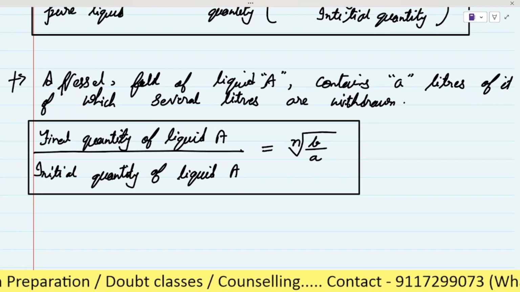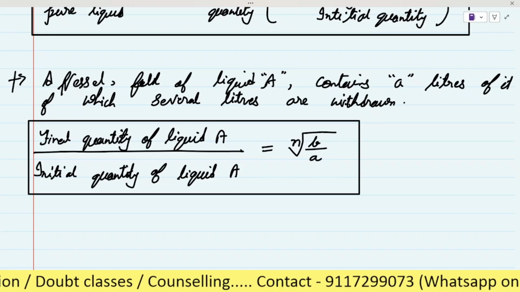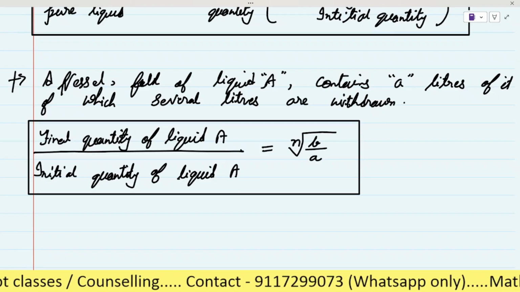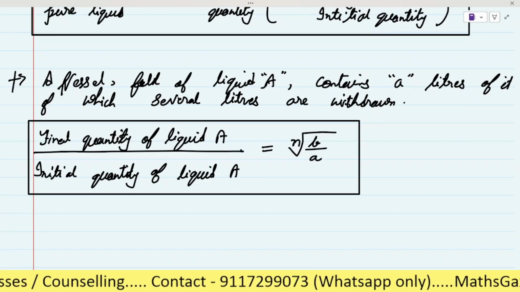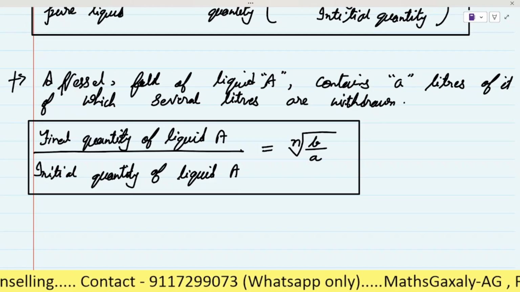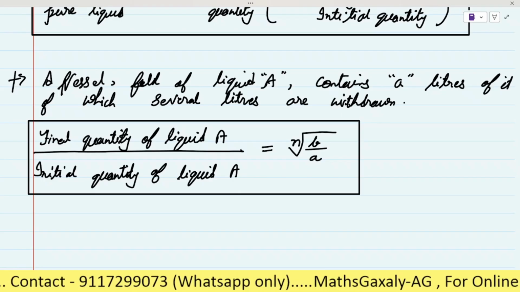We don't know that amount. The vessel is then filled with liquid B, water or anything. Next, the same volume of the mixture is withdrawn, and again the vessel is filled with liquid B.